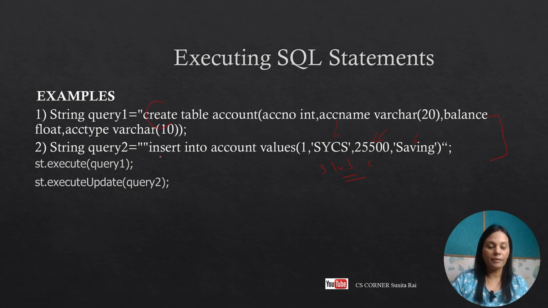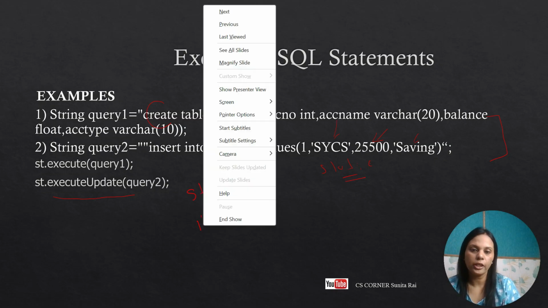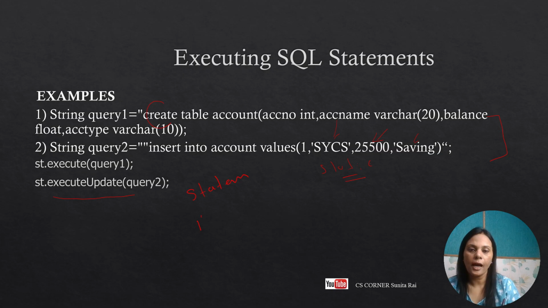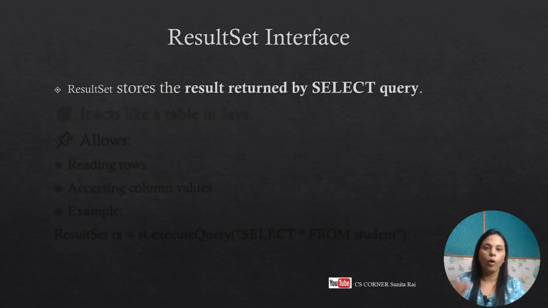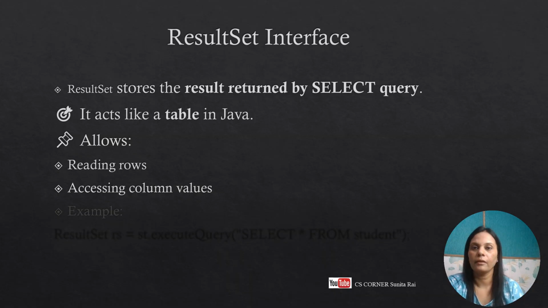And whenever you have insert, update, or delete command, you can use the execute update method. These methods are available for the statement interface, the prepared statement interface, as well as the callable statement interface. So for all statements, it is available. You can use the methods.